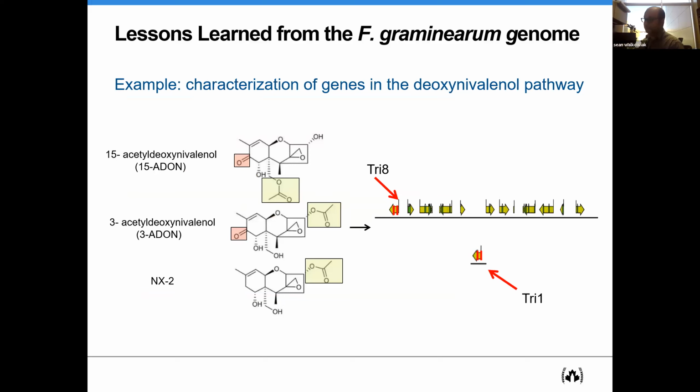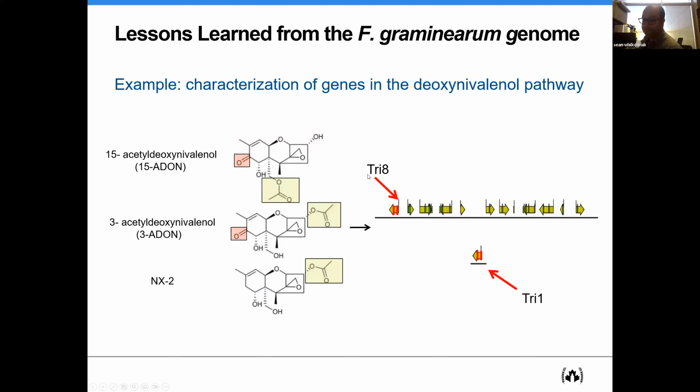Some of the early research, done not just by us but by others as well, identified the genes responsible for making and regulating the production of toxins, including deoxynivalenol. And they're actually all co-located in a cluster. There are some key genes like TRI8, for example.